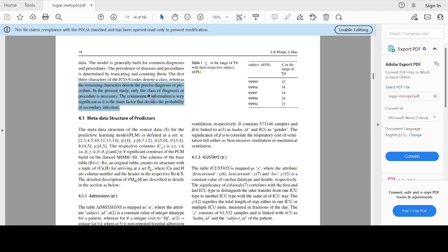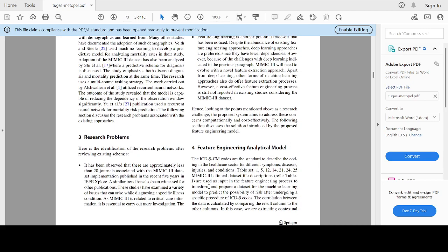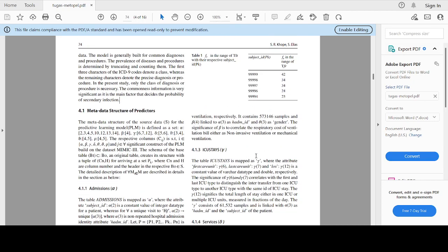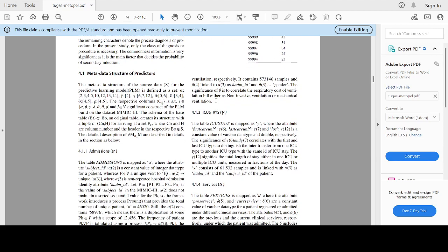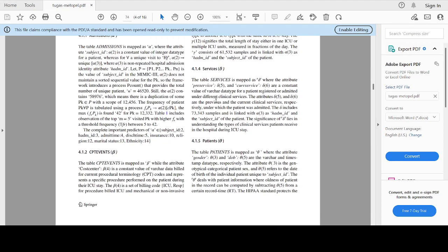In the present study, only the class of diagnosis or procedure is necessary. The common information is very significant as it is the main factor that decides the probability of secondary infection. Okay. Yeah, this refers to table 1.